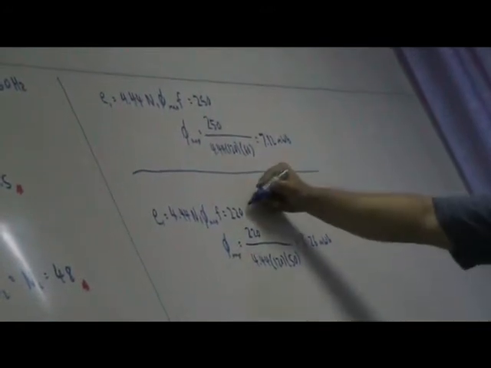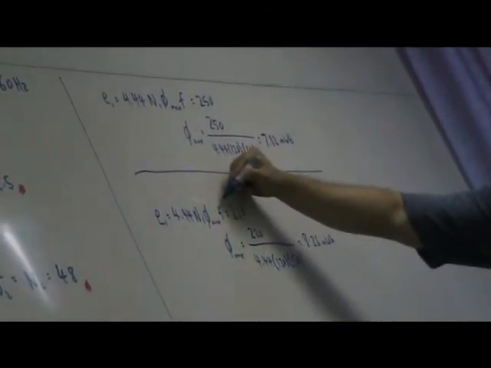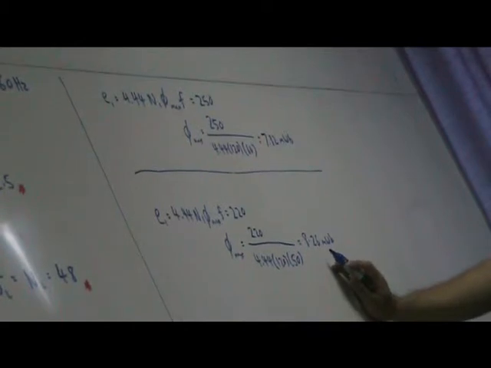Okay, so when the input voltage is changed to 220 and the frequency is changed to 50, your flux will change to 8.26 milliwebers.